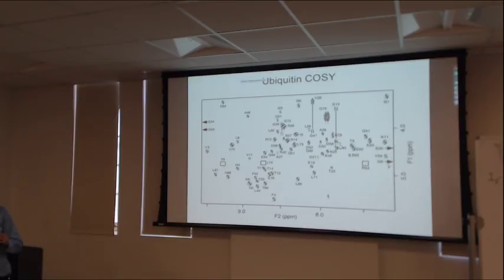You can also see here that glycines have more complicated line shapes, particularly glycine 76, than the others. And that's of course because glycine has two alpha hydrogens. So the coupling is more complicated. The NH is coupled to both of the alphas, and that leads to a more complicated coupling pattern.